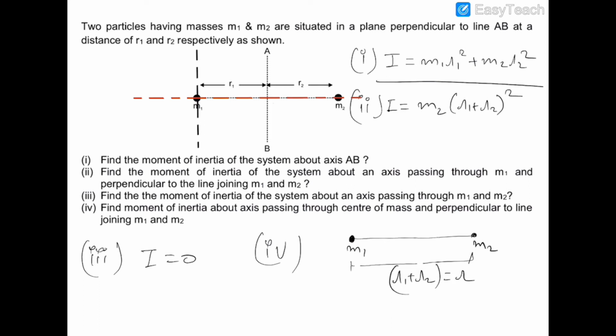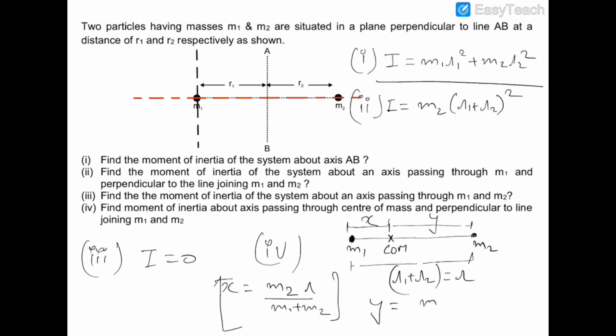So we already know the distance of COM from the first mass, x, would be equal to m2 r upon m1 plus m2, and let's suppose that this distance is y. So y would be equal to m1 r upon m1 plus m2.